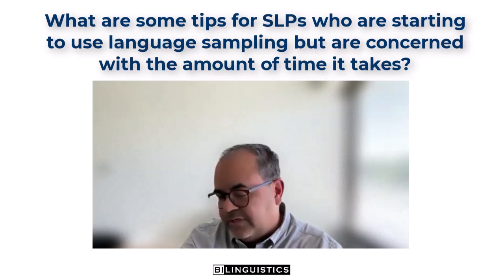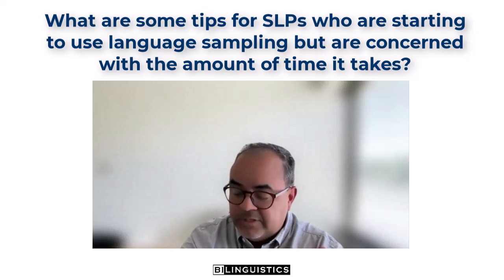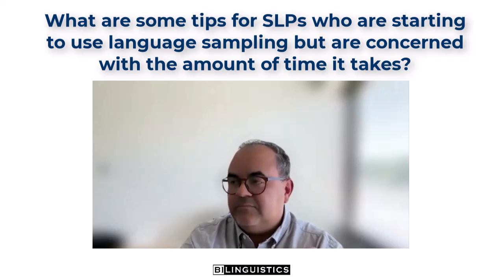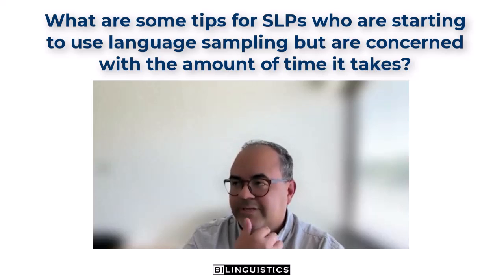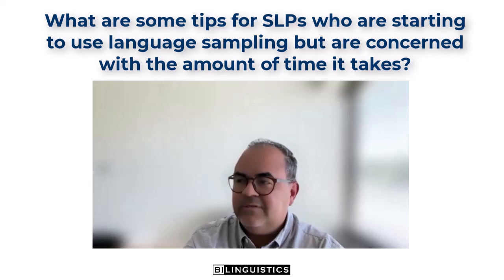The protocol that I'm going to recommend for people to consider looking into and ideally trying to use is a narrative retell language sampling protocol that, again, takes the kids about 4 to 5 minutes to tell these stories. So when you have to transcribe it, you're transcribing about 4 to 5 minutes of language production.